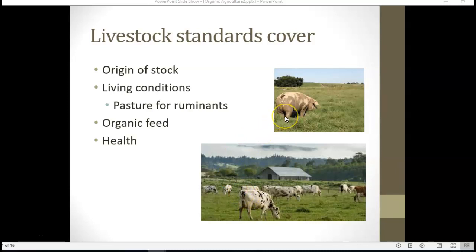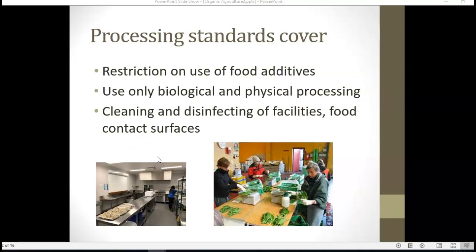With pigs and poultry that need more concentrated sources of feed, they have to have outdoor access, but ruminants are required to have pasture. So organic feed is an important point of the livestock standards and health management. You can't actually use antibiotics for livestock in the livestock standards.